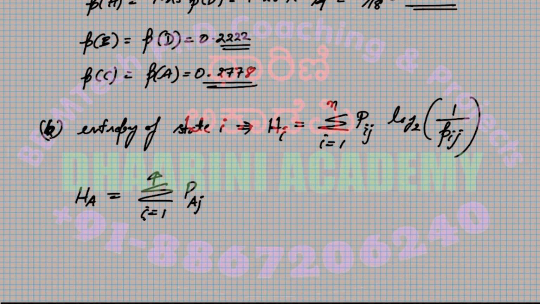Sorry, this is actually j varying from 1 to n, all the other possible states. It's not i, it's j. So HA is equal to the summation, j varying from 1 to n, of PAj log to the base 2 of 1 divided by PAj.